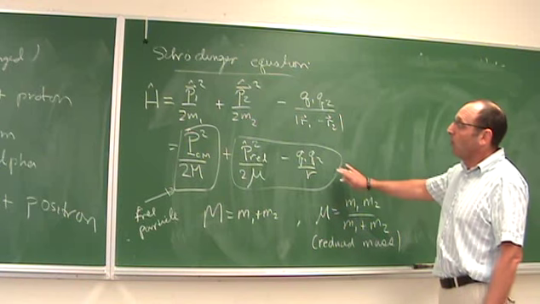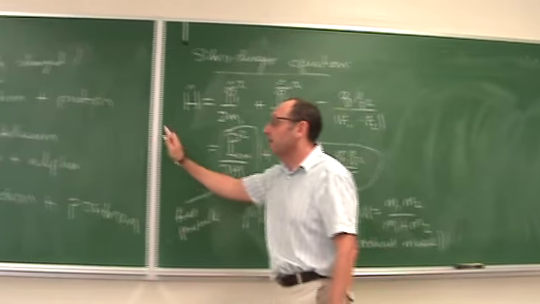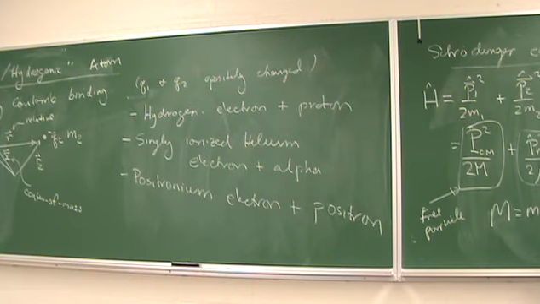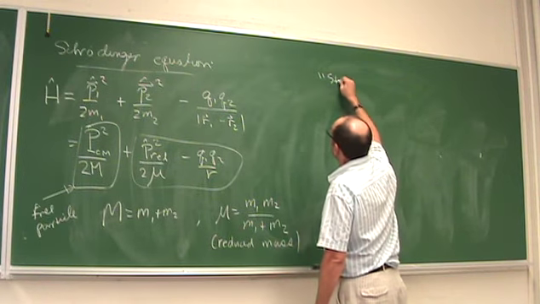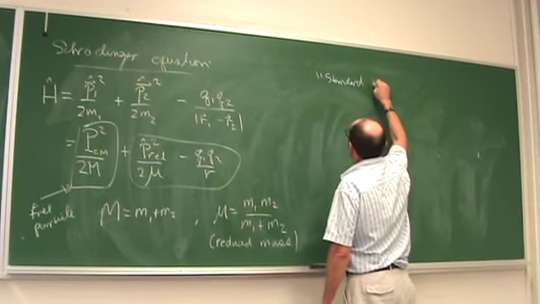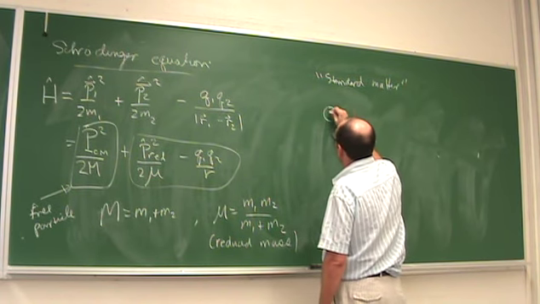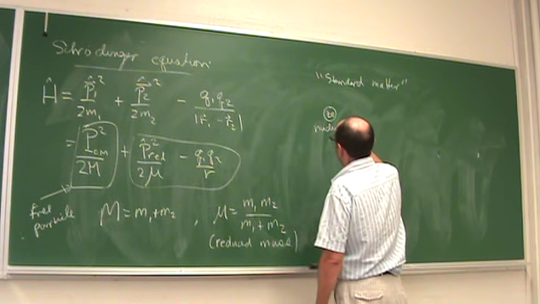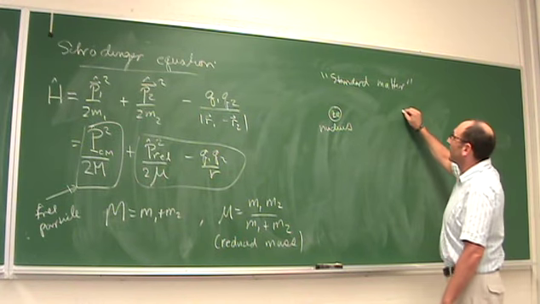Okay, so for the moment, though this can talk about all kinds of Coulombically bound two-charge systems, we're going to restrict ourselves to standard matter, in which we have a nucleus which has atomic number Z and one electron.